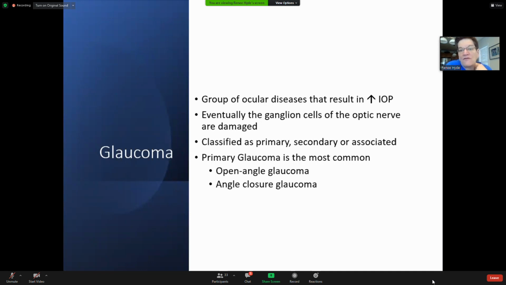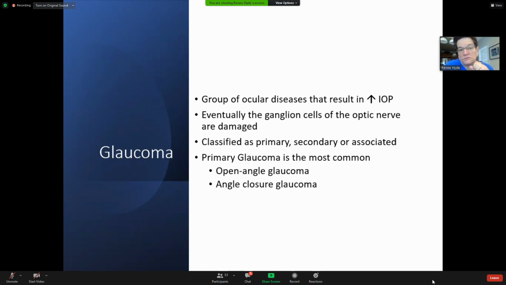That can be a very serious issue that can cause damage to that optic nerve and can eventually lead to blindness for these patients. Now, not over a 2 or 3 day period, but it can cause damage that can lead to it.